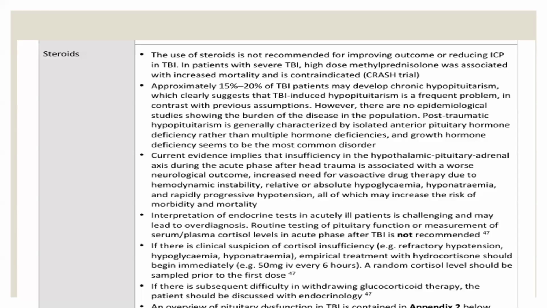Interpretation of endocrine tests in acutely ill patients is challenging and may lead to overdiagnosis. So routine testing of pituitary function or measurement of serum plasma cortisol level in the acute phase after TBI is not recommended. If there is clinical suspicion of cortisol insufficiency, empirical treatment with hydrocortisone should begin immediately. If there is, then the patient should be discussed with endocrinology.